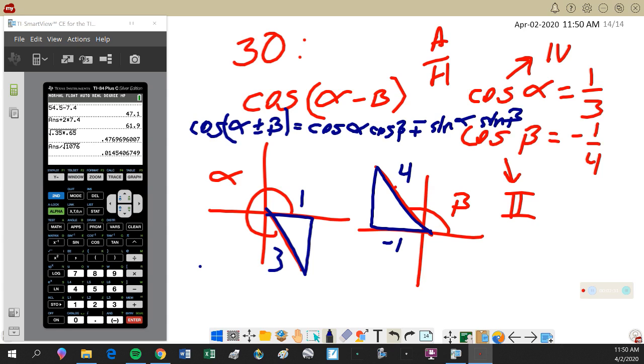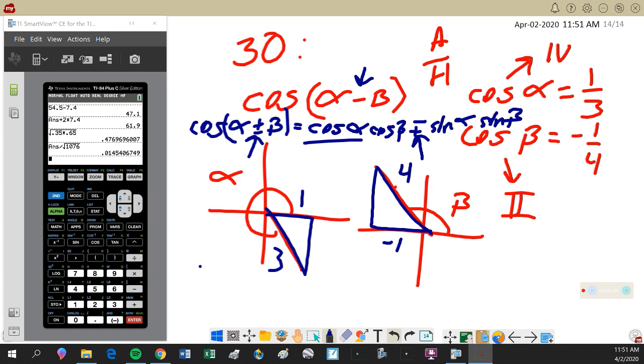So we are dealing with the minus version of this formula, which tells us to add the cosines and sines together. So half of this we already know.